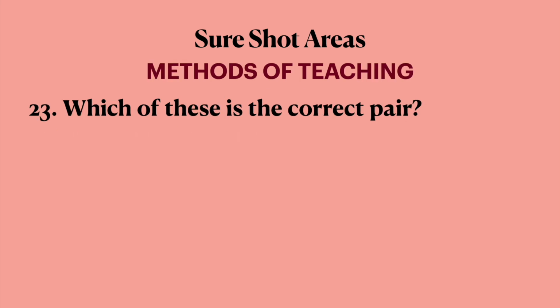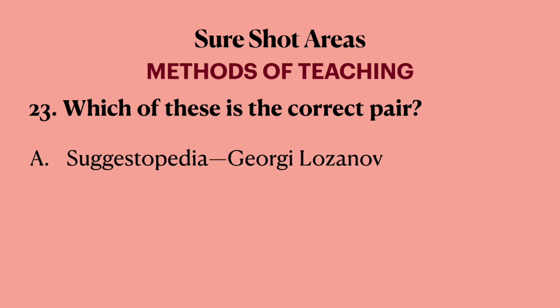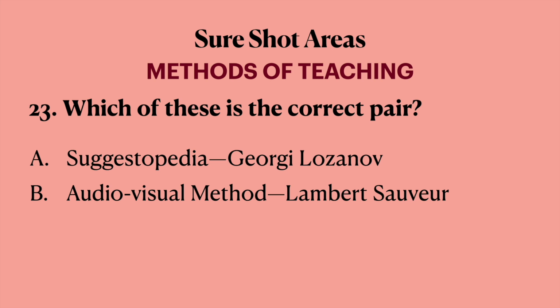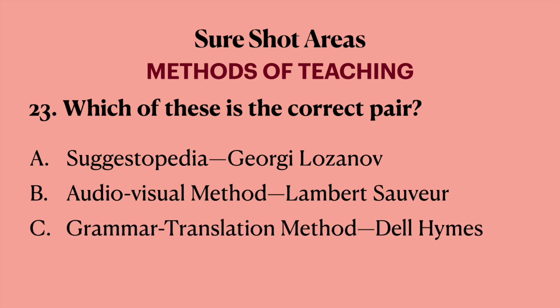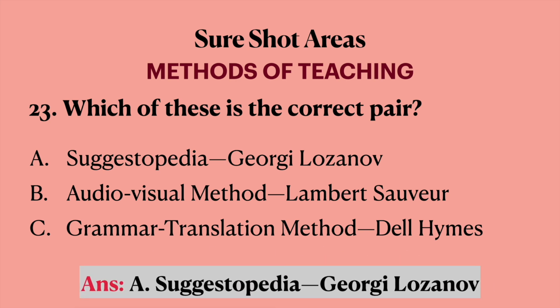Now on methods of teaching. The question, which of these is the correct pair? Option A, Suggestopedia, Georgy Lozanov. Option B, audiovisual method, Lambert-Sauveur. And option C, grammar translation method, Dell Hymes. And the correct answer is A, Suggestopedia, Georgy Lozanov.